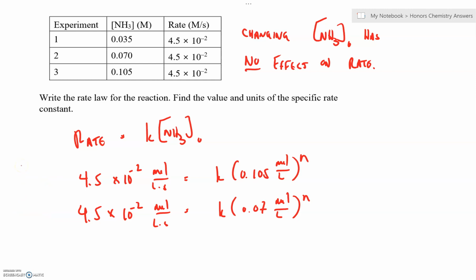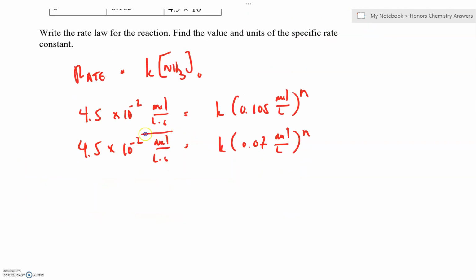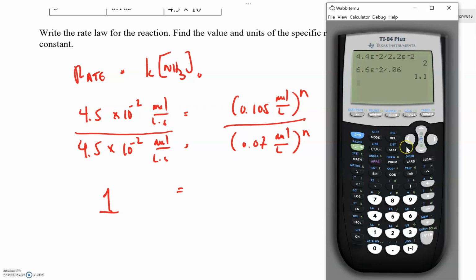So typically what we do is we're going to turn these into proportionality. And I don't think you need a calculator for this first part, because 4.5 times 10 to the minus 2 divided by itself is, of course, 1. Well, we don't know k, so we're just going to get rid of it because we know it's a constant. And so let's take this 0.105 divided by 0.07 and see what we get.